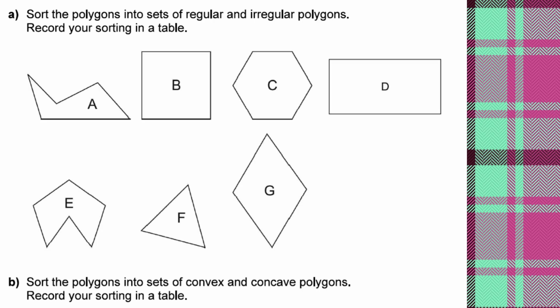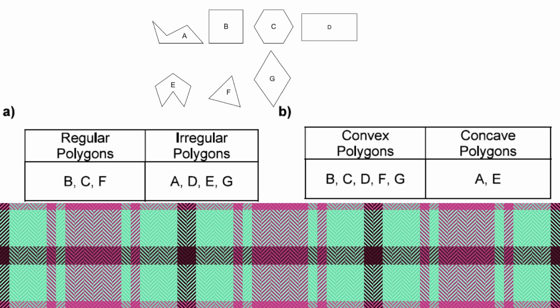In the next question, you are asked to sort the polygons into sets of regular and irregular polygons and record your sorting in a table. You are also asked to sort the polygons into sets of convex and concave polygons and record your sorting in a table. Okay, let's have a look.